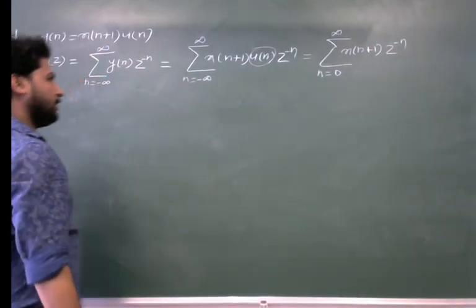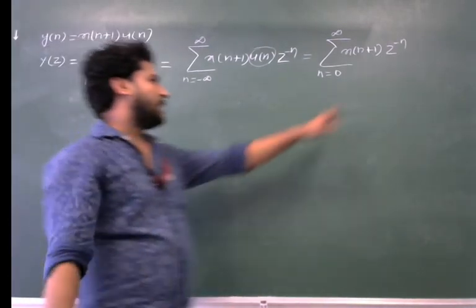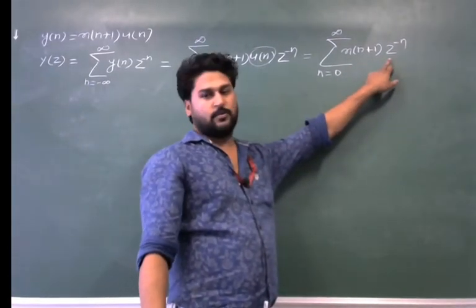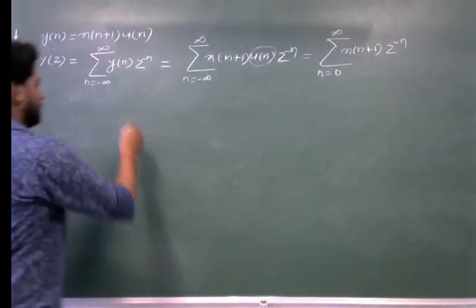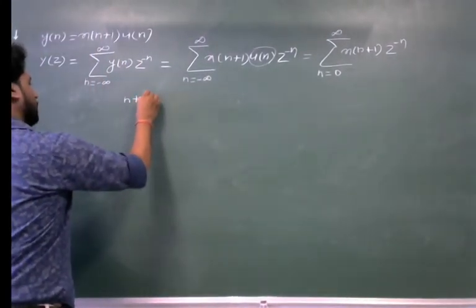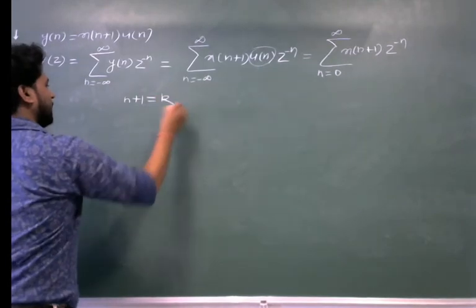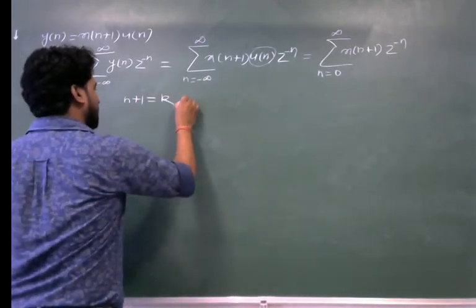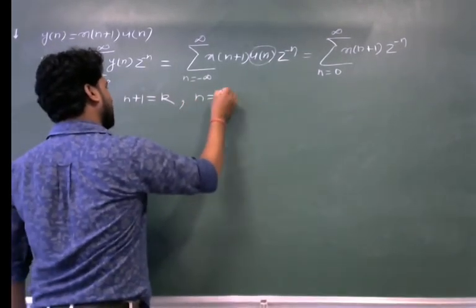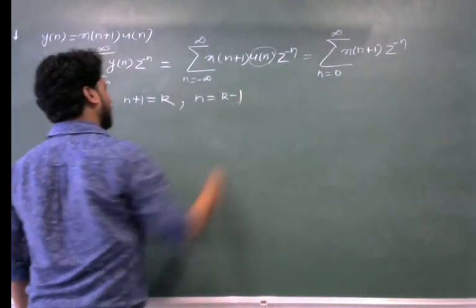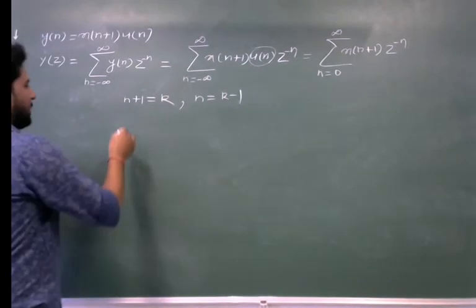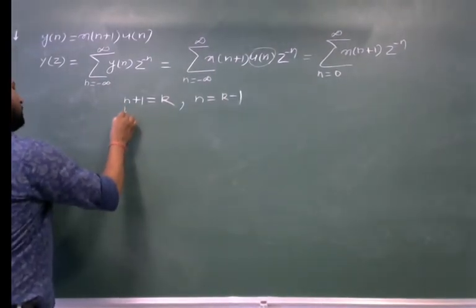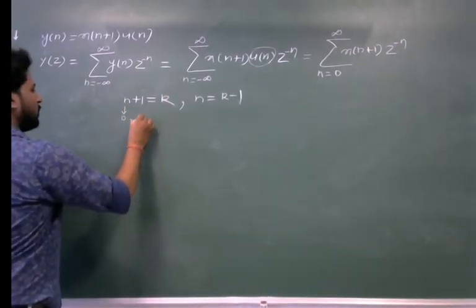Again, we need here x of k into z power minus k, so that this will become x of z. For that, I will put n plus 1 equal to another variable k here, and from here n will be equal to k minus 1. And what will be the limit? When I put n equal to 0, then k will be equal to 1.